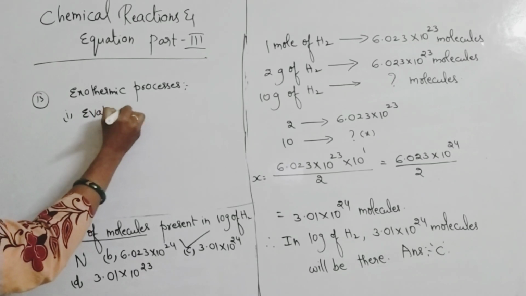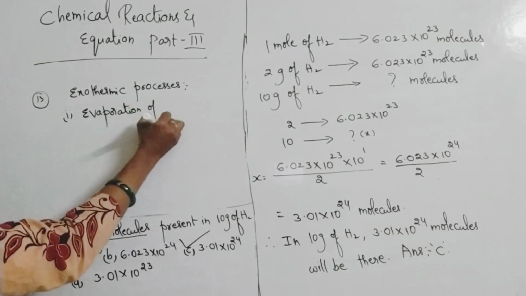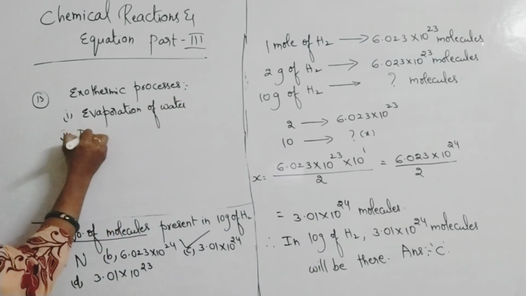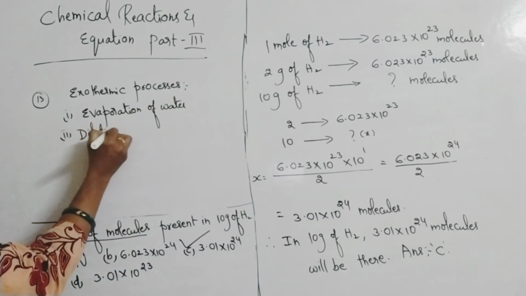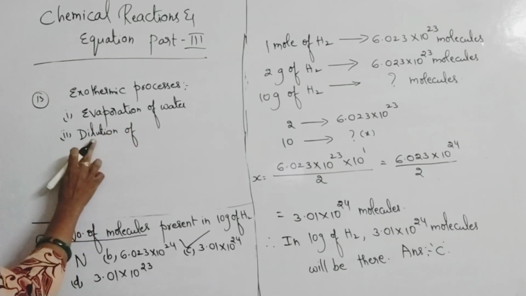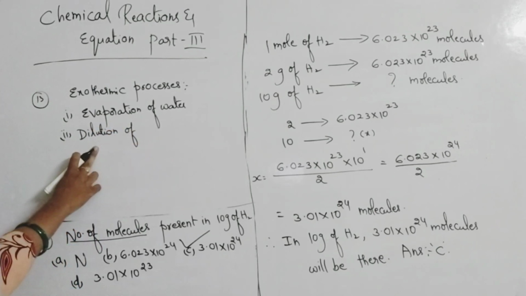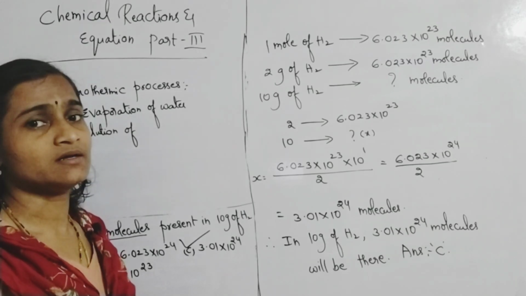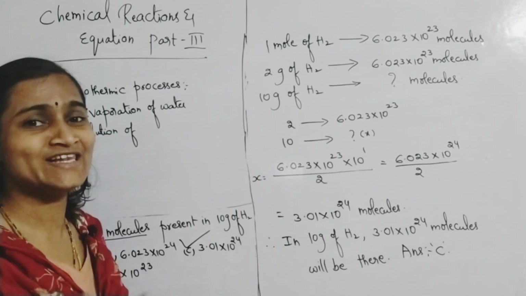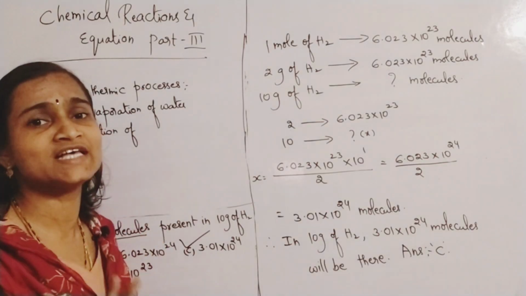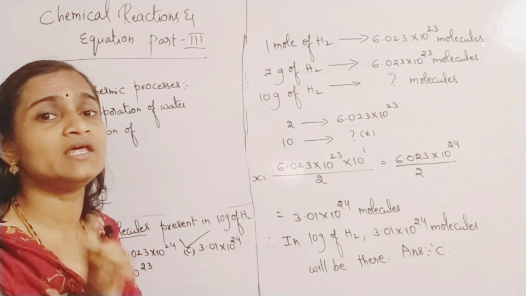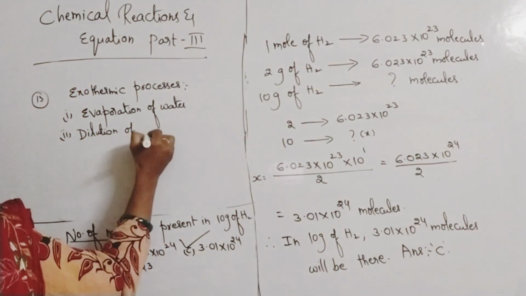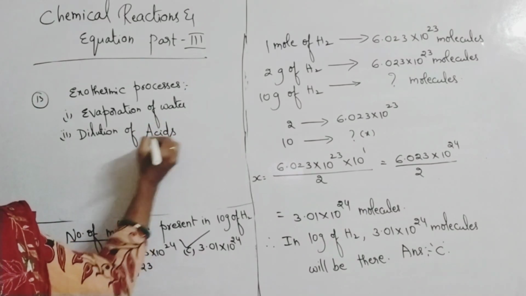The second option is dilution of acids. While diluting you should add acid to water, please remember; you are not supposed to add water to acid. You will learn the same thing in acids, bases and salts also. Dilution of acids is an exothermic reaction.